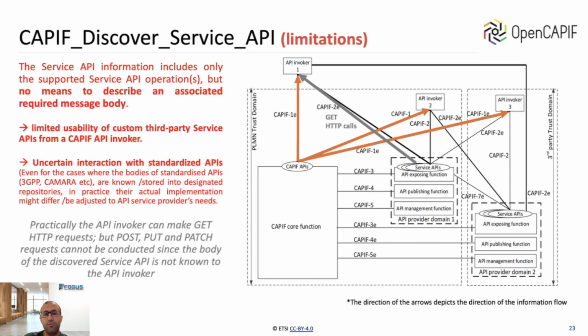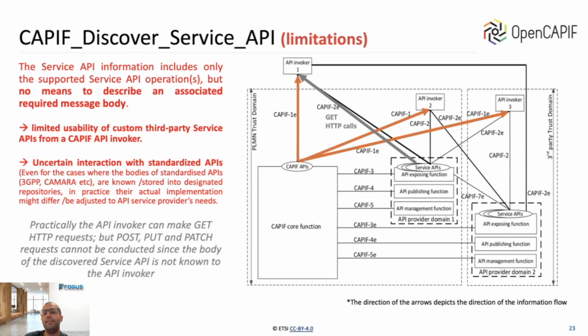It limits the usability from third parties and non-standardized APIs, because CAPIF, as we saw also in other presentations, can work as a general API manager. However, here is a limitation.